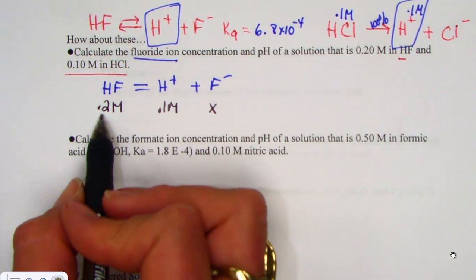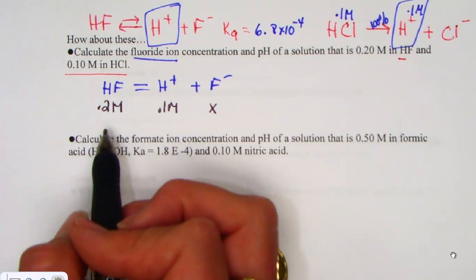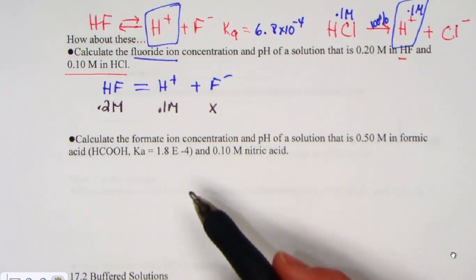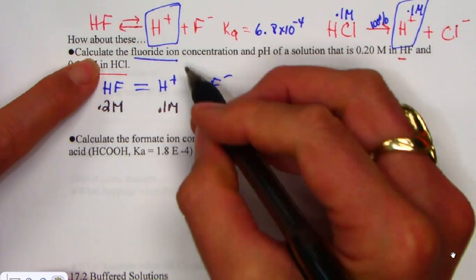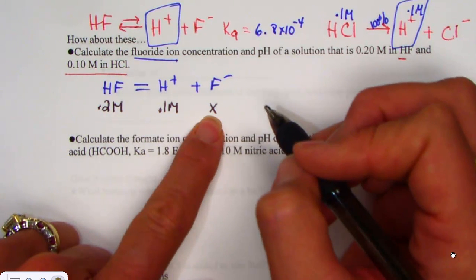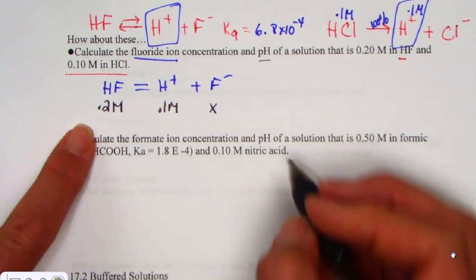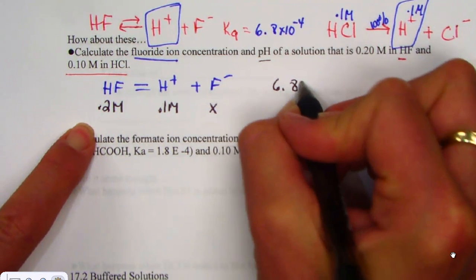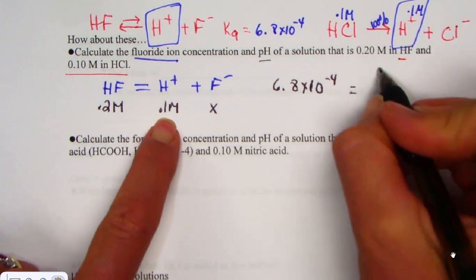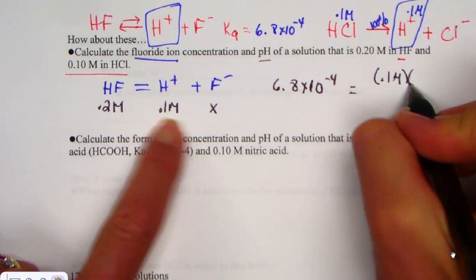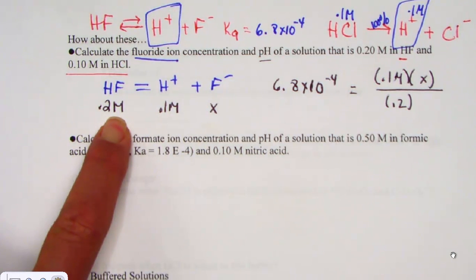This should be 0.2 minus X, but let's assume that X is so small, so negligible in the amount it contributes to the equilibrium that we can simply toss it out. And we can solve for the fluoride ion, calculating X, and we can solve for the pH by knowing hydrogen ion directly. So the Ka I found for us, 6.8 times 10 to the negative 4th, is equal to the hydrogen ion times the fluoride ion over the acid, 0.2 molar.